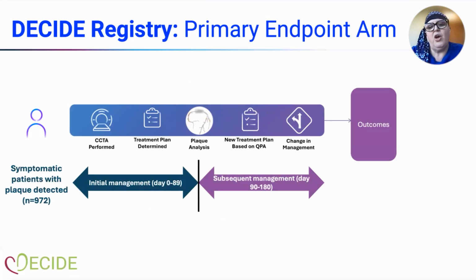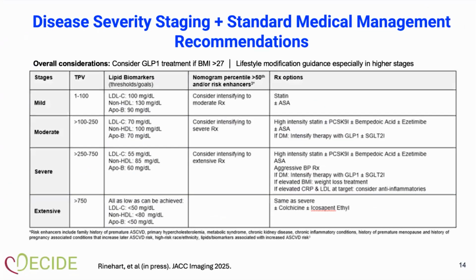Now, I'm only going to comment on one arm of the DECIDE registry, which is very exciting, but what we had are symptomatic patients over 900, and we had this CT performed, and we looked at the physician management or provider management over the first 90 days. Then we performed the plaque analysis, and then we followed any medical management changes over the next 90 days. And again, we looked at changes, and again, we are going to look at clinical outcomes as well.